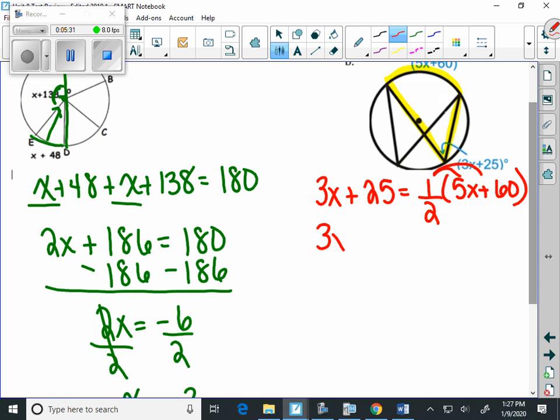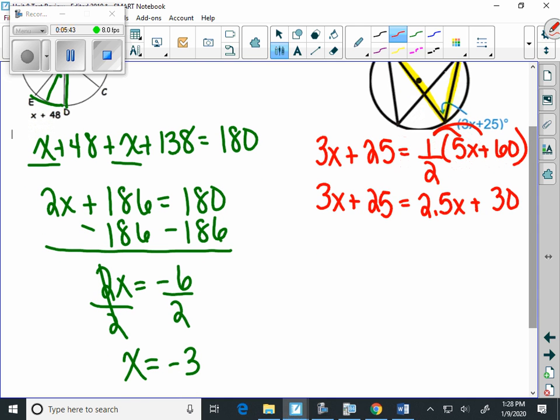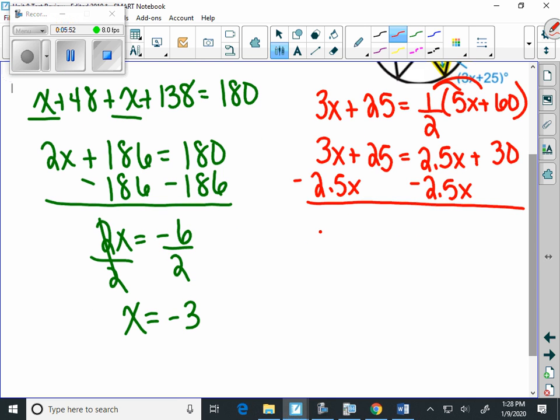So we have 3x plus 25 equals 2.5x plus 30. And then solve it the way your Algebra 1 teacher taught you to solve it. I'm going to move my letter to the left by subtracting 2.5x from both sides. And we end up with 0.5x plus 25 equals 30.